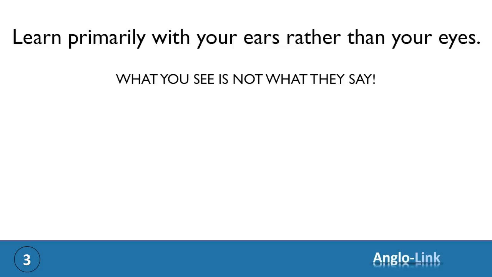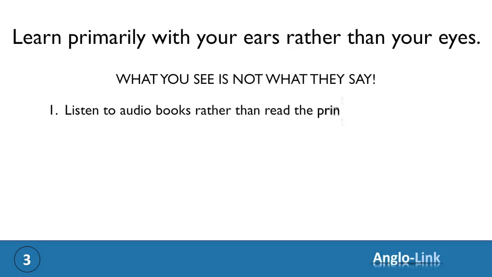Therefore, the best way to learn new words and expressions is by first hearing them, then seeing them in writing. So here are some final hints on how to use your ears instead of your eyes. Listen to audiobooks rather than read the printed version of the book.